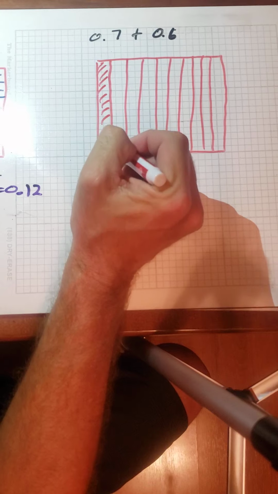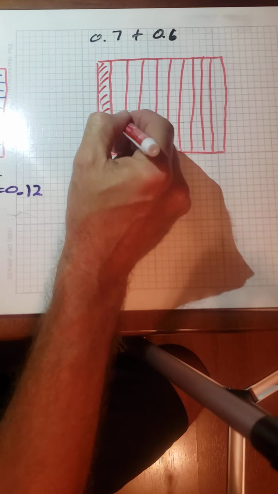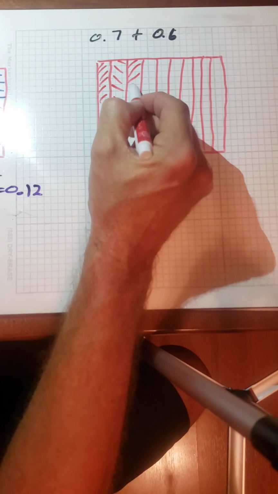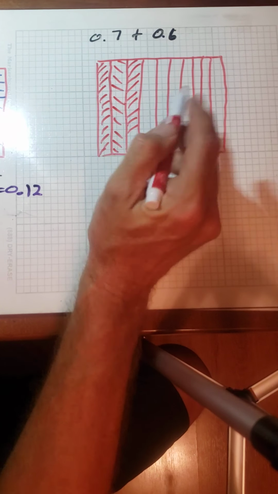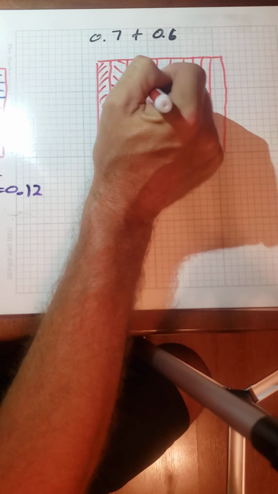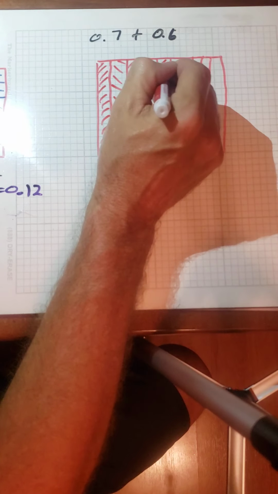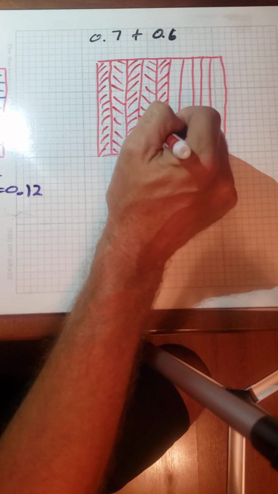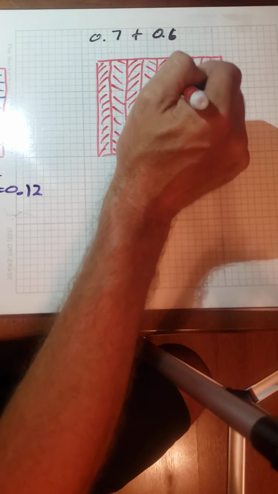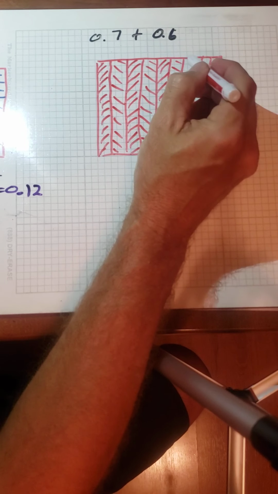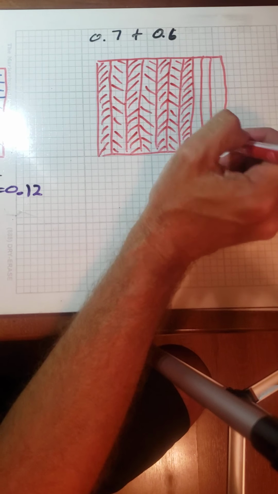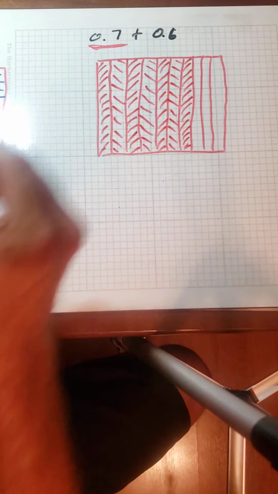1/10, 2/10, 3/10, 4, 5, 6, and 7. So there are my 7 tenths right there.